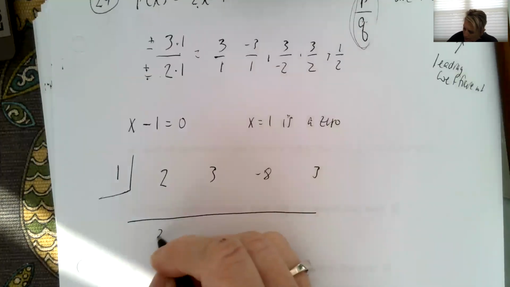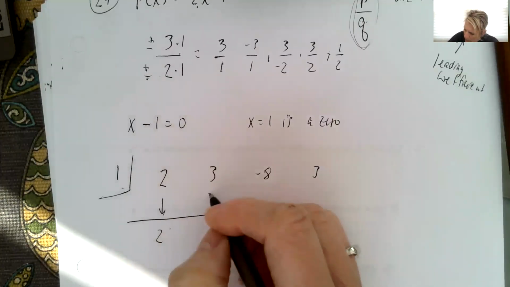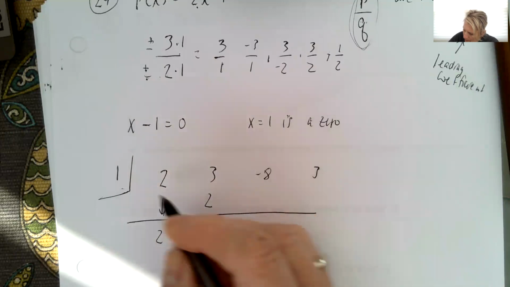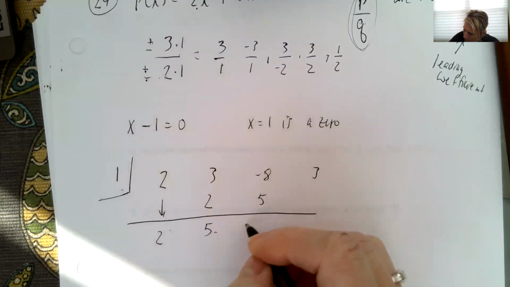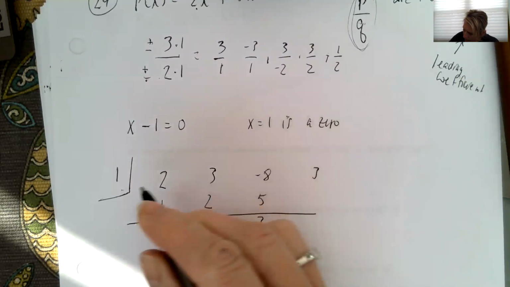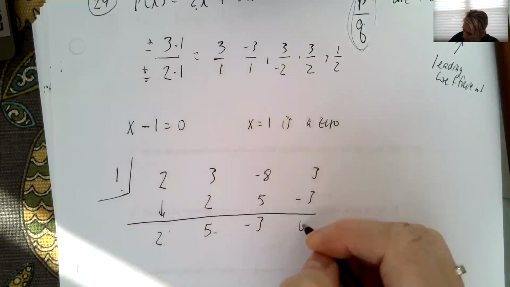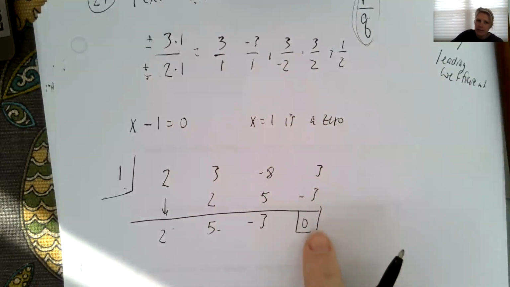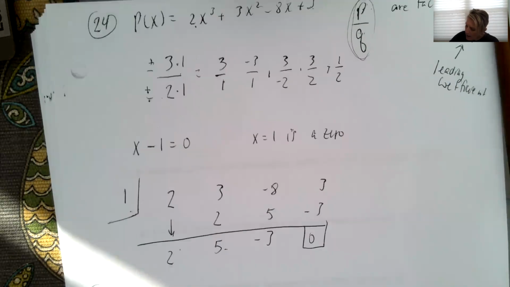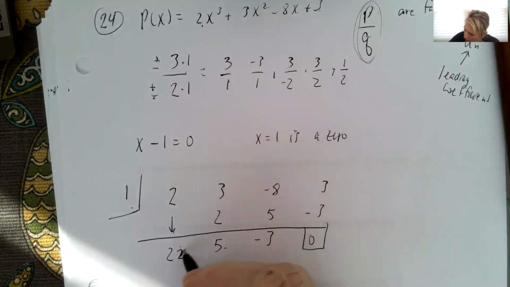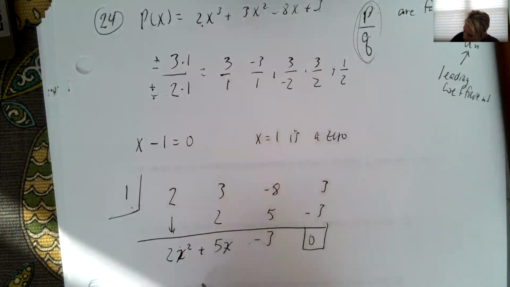I bring down my 2. 1 times 2 goes here, 5. 1 times 5 goes here, and negative 3, and 1 times negative 3 is a negative 3, and 0. That 0 validates that yes, this is a factor. And what's left over is 2x squared plus 5x minus 3.